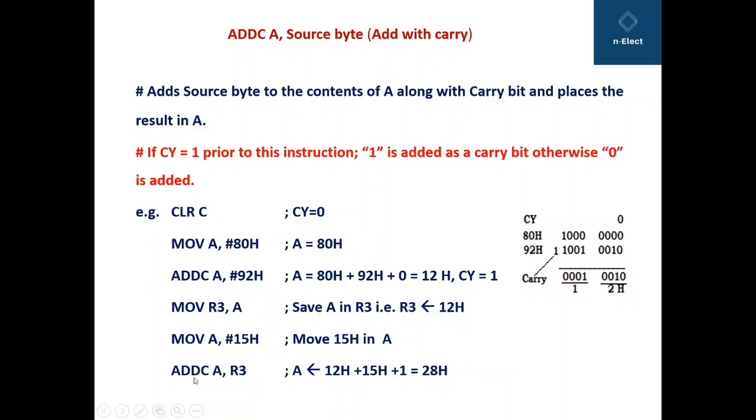And the next instruction is ADDC A, R3, so it will add the contents of the accumulator, that is 15H, with the contents of R3. So the two values plus the carry will be added. Now the carry in the previous step was 1, so 1 will be added, and when the addition is performed, you are getting the result as 28H.